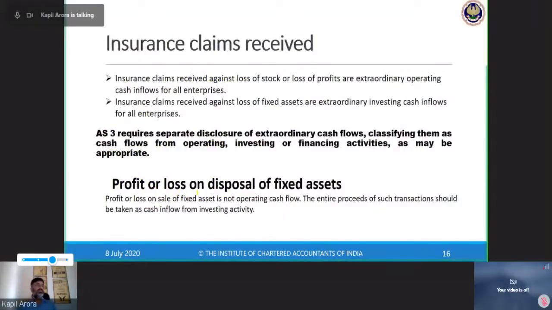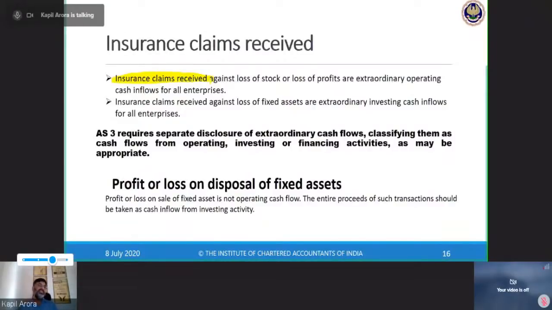Now, let's move further and see how we treat insurance claims. Insurance claims can come for different reasons.